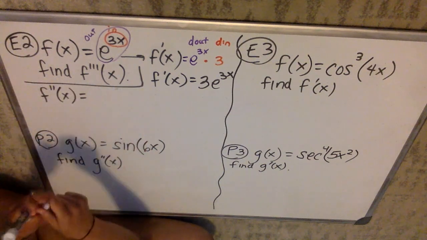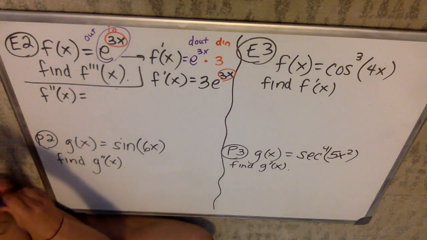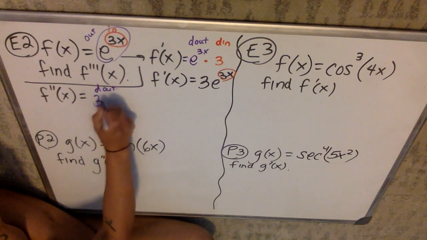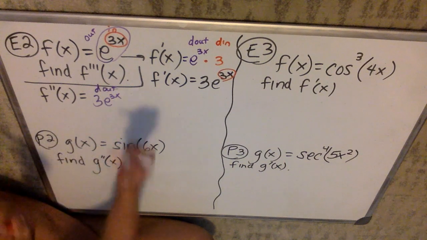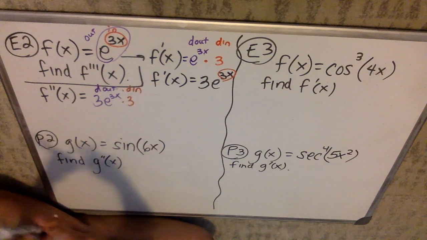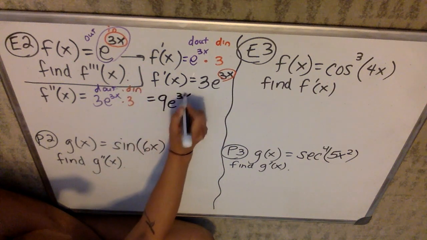I still have an inside function, and I still have the whole outside function, which is 3 e to the stuff. So the derivative of the outside function is going to be 3 e to the stuff. The derivative of e to the stuff is still just e to the stuff, times the derivative of the inside function, which is going to be times a 3. So I'm going to get that my f double prime is 9 e to the 3x.